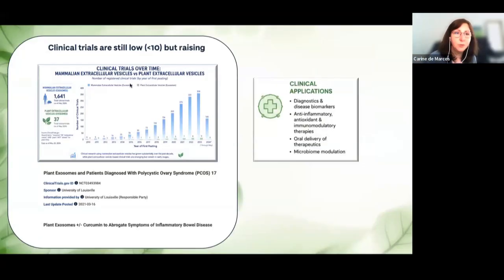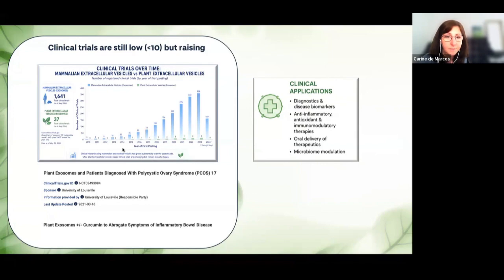You probably know that mammalian extracellular vesicles are currently being used in a lot of clinical trials. These numbers are maybe not accurate because this was taken by AI, but what you can see is that compared to mammalian extracellular vesicle clinical trials, there are really fewer plant-derived clinical trials.